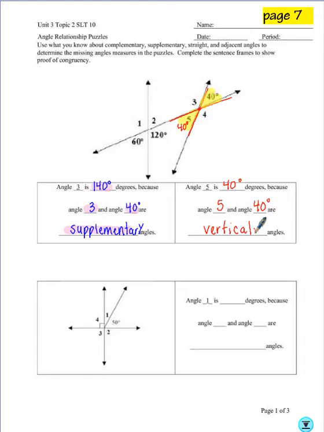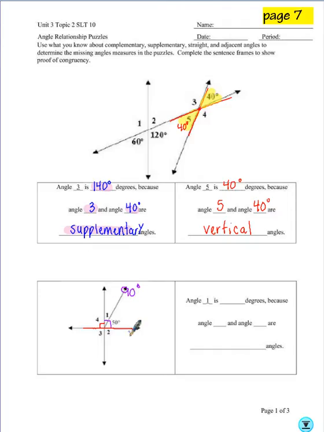Now, we go on to this next picture. It's asking us about angle 1 this time. Well, I don't know if you guys noticed it, but you have a right angle here, and you have this straight line going on. So if a straight line is 180 and a right angle is 90, then that means this side's also worth a right angle if I look in that section. So that means that angle 1 and the 50 degree angle are together worth 90 degrees.